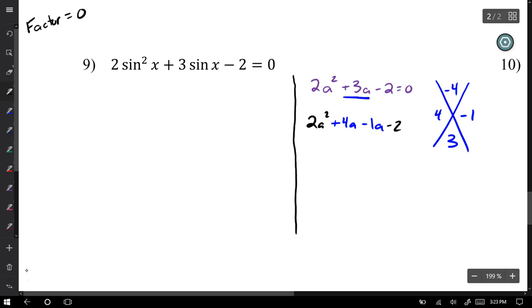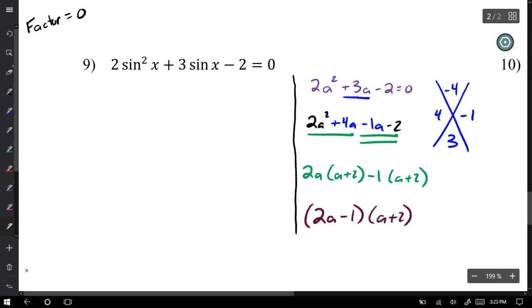Then you would do factoring by grouping. You would see the first two have a 2a in common, and you'd be left with a plus 2. And you would see the second two have a negative 1 in common, and you'd be left with a plus 2. And then lastly, what you would do is finish the group. They have an a plus 2 in common, factored out, and you're left with 2a minus 1.